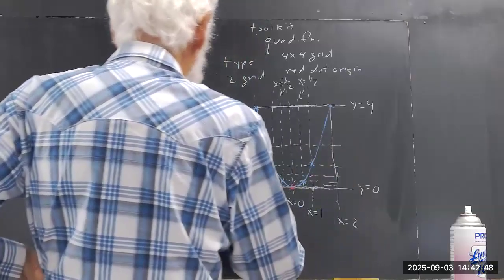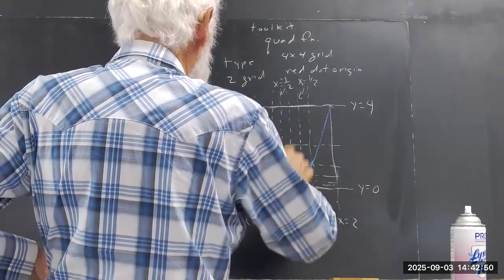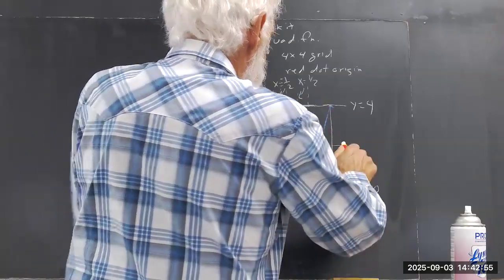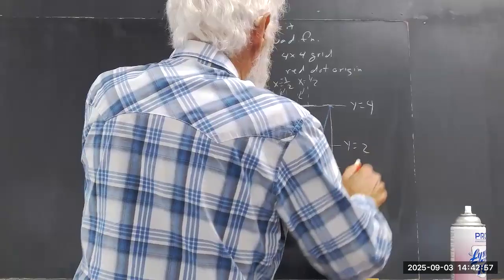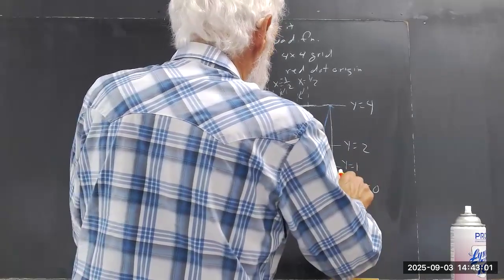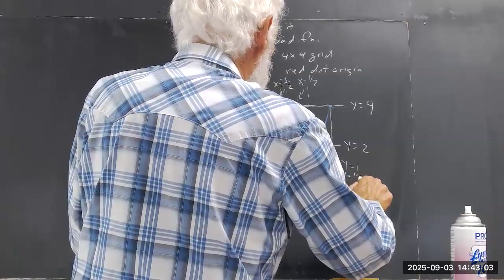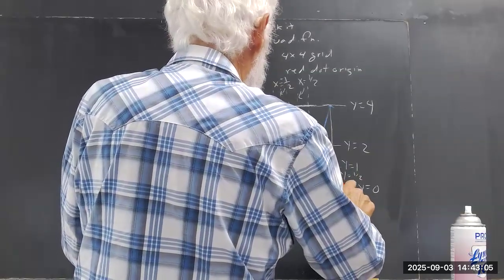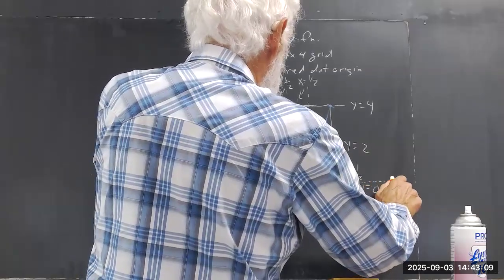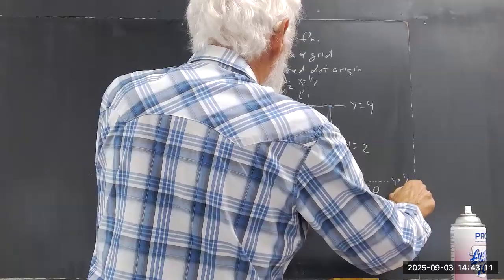This middle grid line is halfway between 0 and 2, which is y equals 1. Halfway between 0 and 1 is y equals 1/2. Halfway between 0 and 1/2 is y equals 1/4.